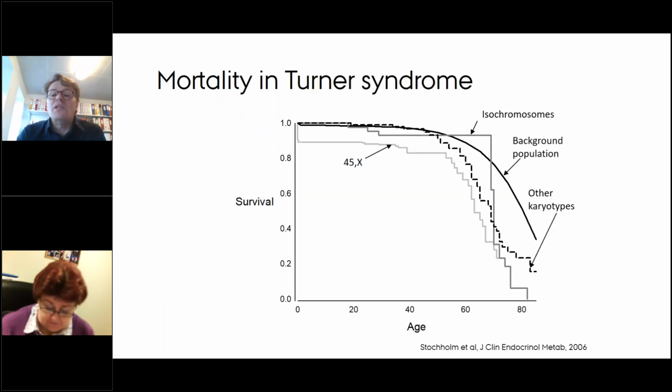And these are some Danish data just showing you the background population, which you can see as the smooth line, and then you can see all the different karyotypic groups in Turner syndrome, and you realize that while the 45X group has the highest mortality, all the other karyotypic groups also have a higher risk of mortality.